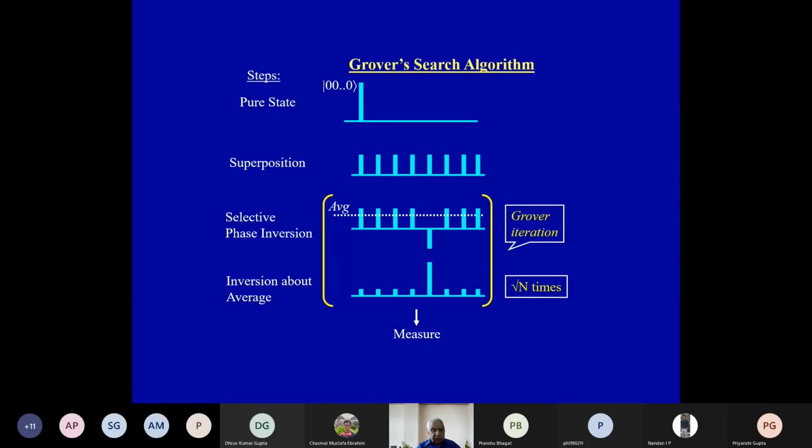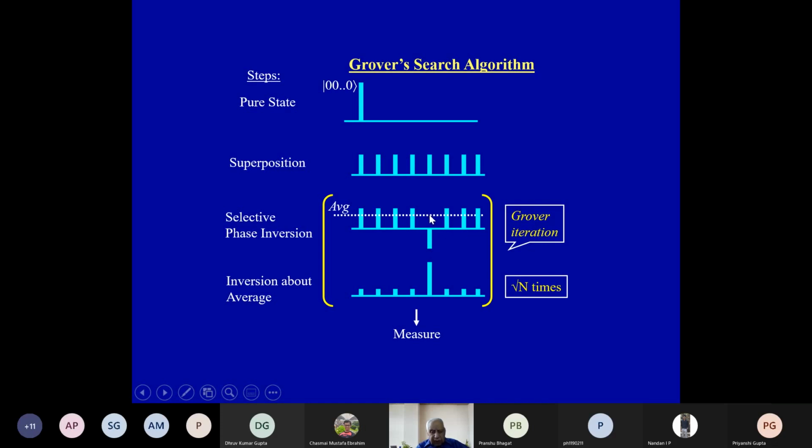Grover search algorithm, that's very interesting. If you create a pure state and then apply an equal coherent superposition, you get something like this. Then you have an oracle, which you can't see. Somebody else, my friend, comes and inverts the search state. I don't know which state he has inverted, but he knows.